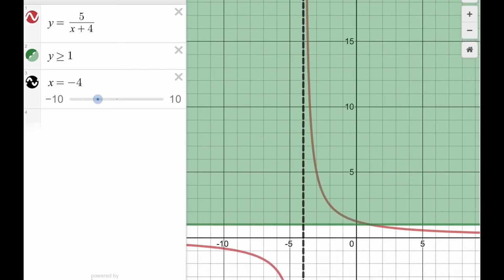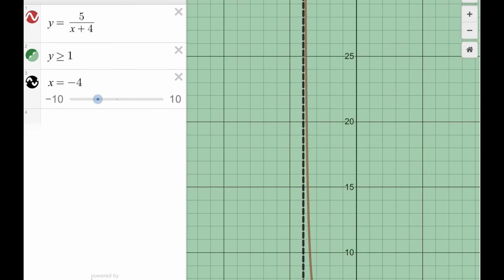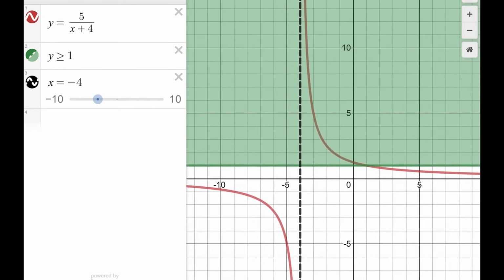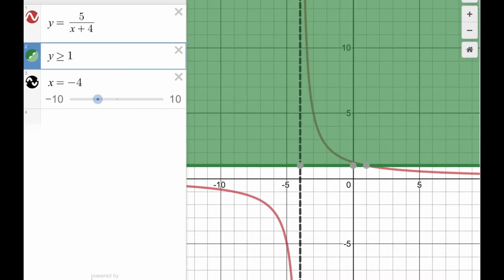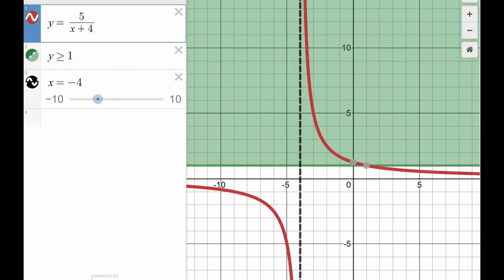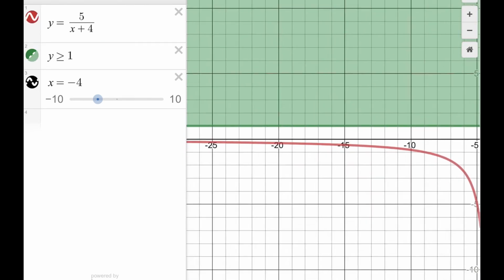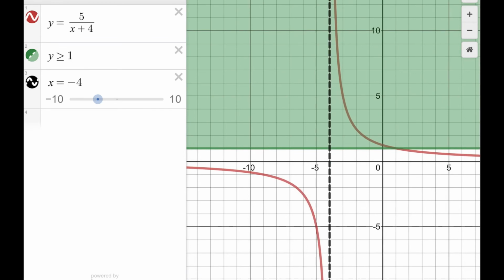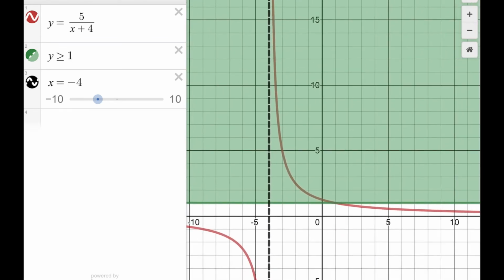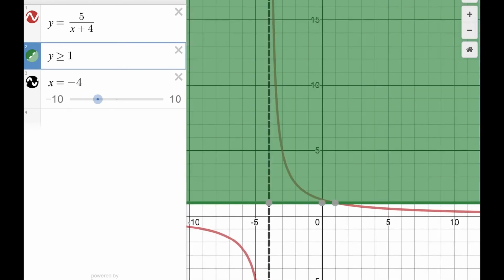So between this point at (1, 1), so for the x value of 1, back to the x value of -4, are where my y values are greater than or equal to 1. If I look at x values bigger than 1, or on the other side over here, less than -4, those do not give me output values greater than or equal to 1. So just between -4 and 1.